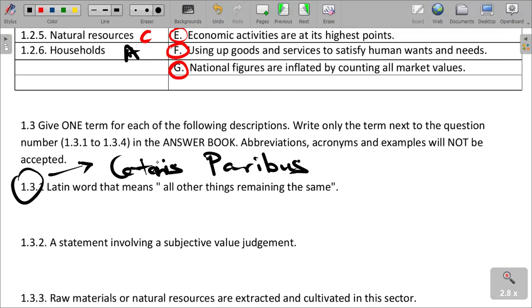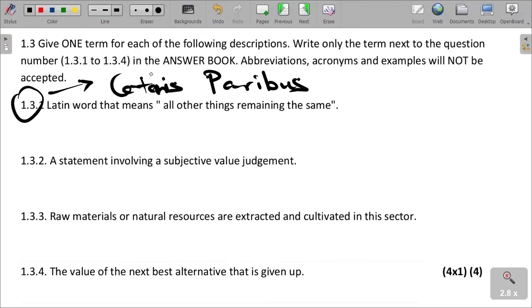And then a statement involving a subjective value judgment. We can say that is a normative statement.